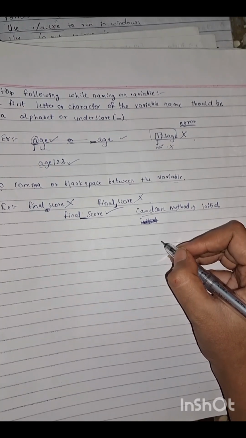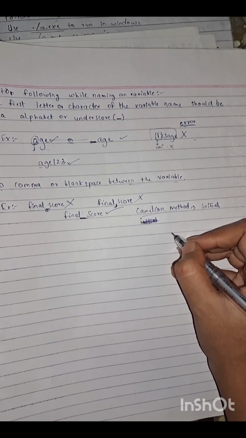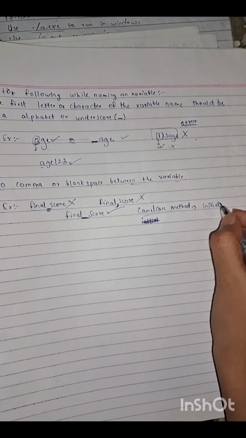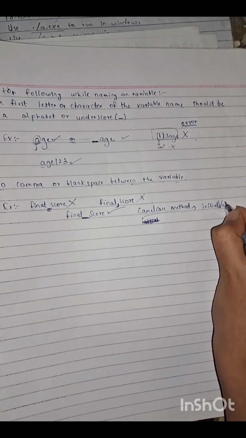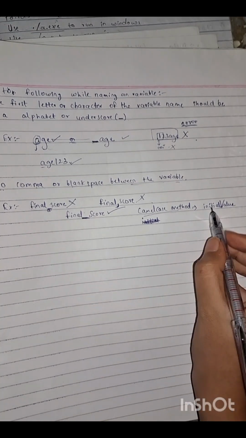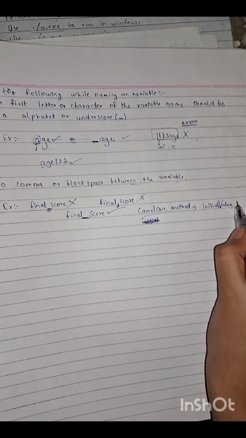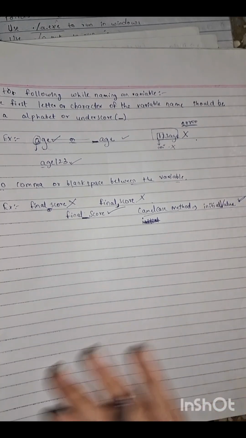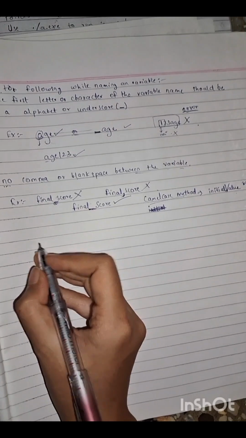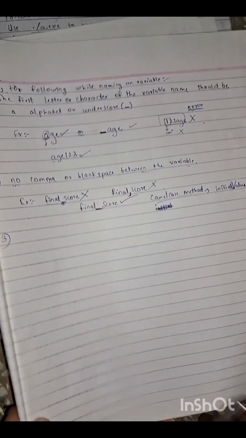The second word is value, the second word's first character V should be capital, and I am not leaving any space here. Okay, initialValue. Like this we can also write, and this is also a valid variable name.